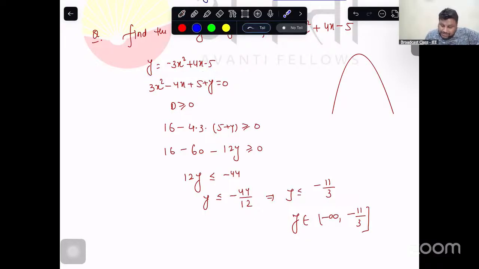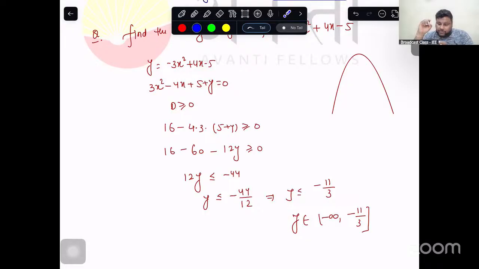Then took this entire expression to the left side. So it came out to be 3x square minus 4x plus 5 plus y equal to 0.